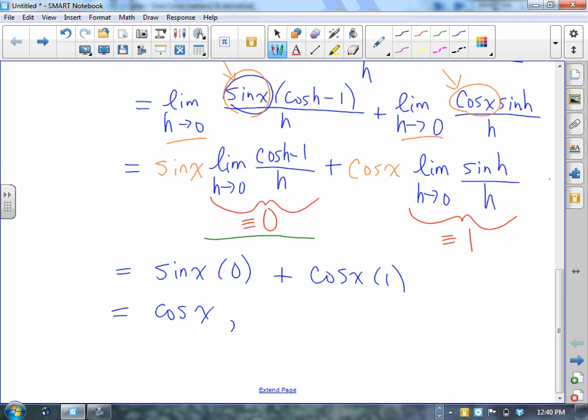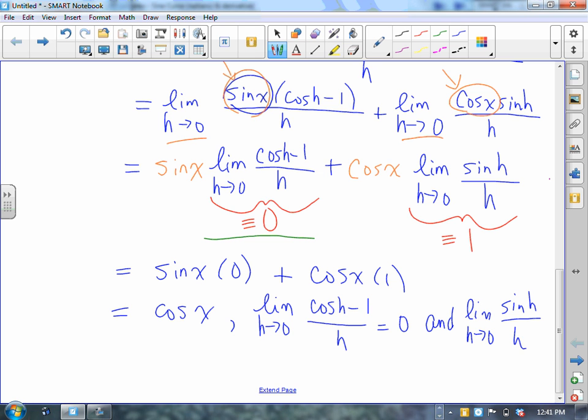And that's due to the fact that the limit as h approaches 0 of cos h minus 1 over h equals 0, and also due to the fact that the limit as h approaches 0 of sine h over h is also equal to 1.